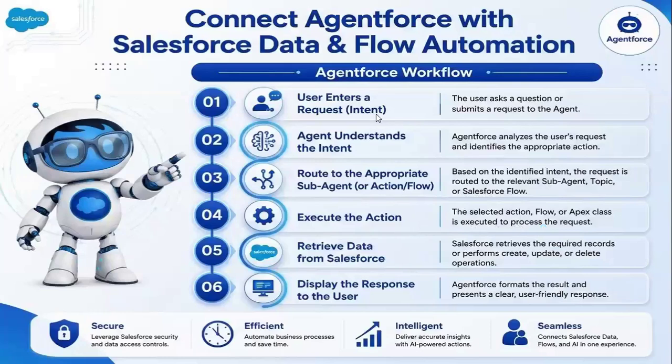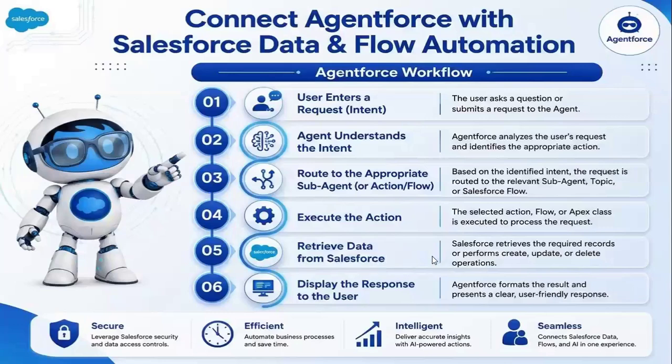First is the user intent, then we understand the user intent. After that, it navigates to the sub-agent. Under the sub-agent, we have the actions, which we implement with flows or Apex classes to process the request. Then it retrieves the data from the database.